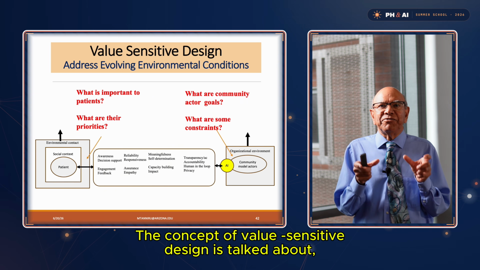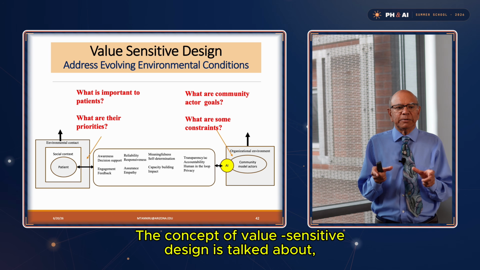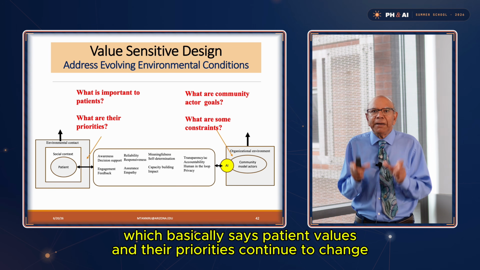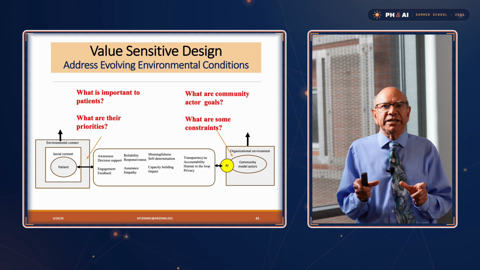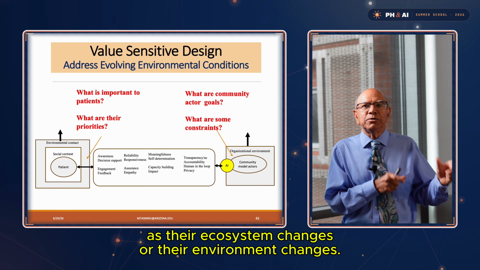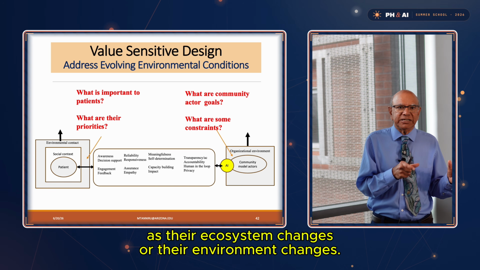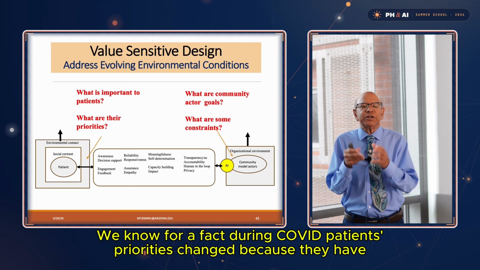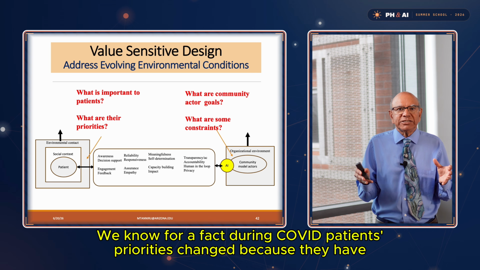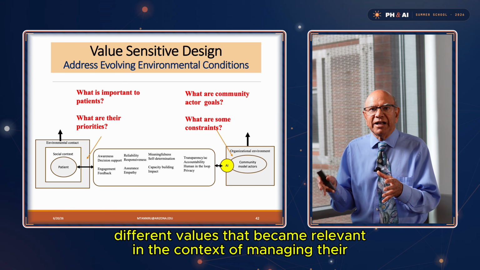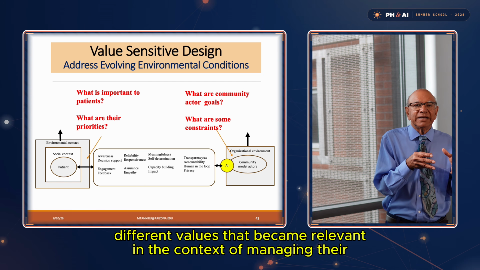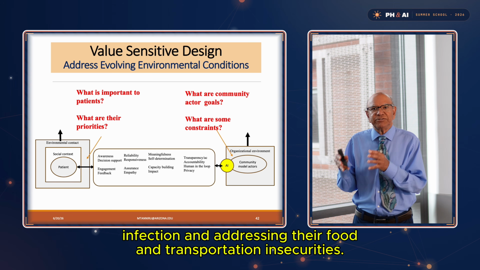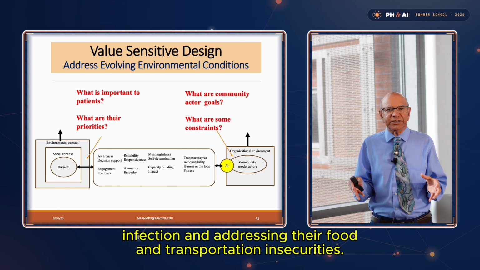The concept of value-sensitive design is talked about, which basically says patient values and their priorities continue to change as their ecosystem or environment changes. We know for a fact that during COVID, patients' priorities changed because different values became relevant in the context of managing their infection and addressing their food and transportation insecurities.